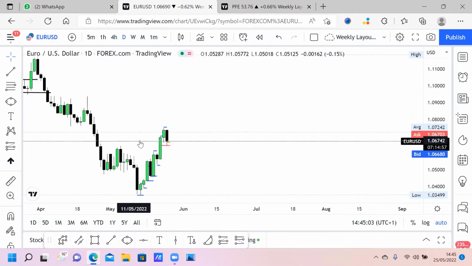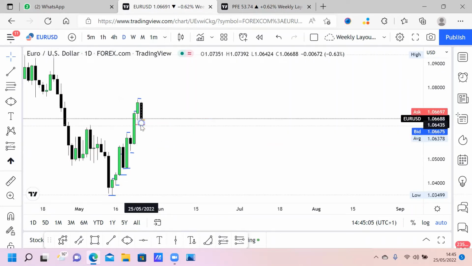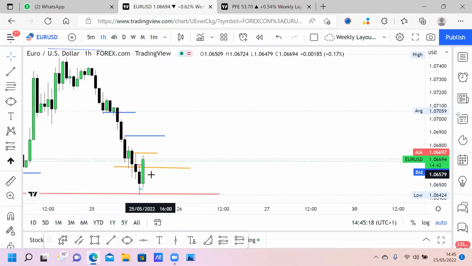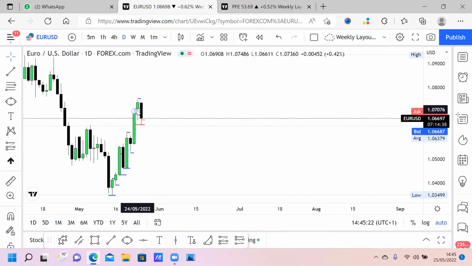If we now look carefully at the daily, it's taken the previous low out. So the reversal has already happened with the daily, but when you look from the hourly, you're looking at a buy. That's true. But on the institutional level, we're looking at sell. Wow.